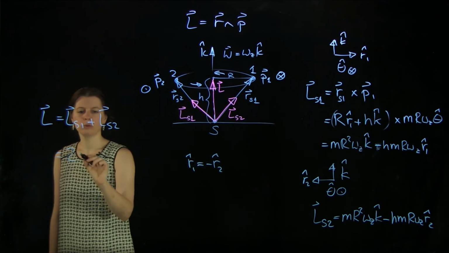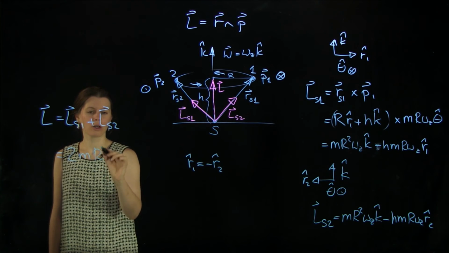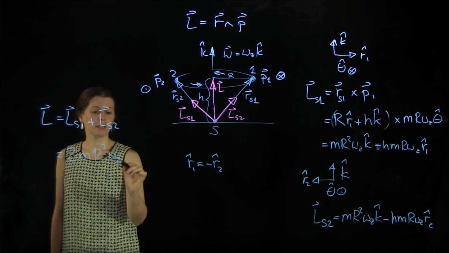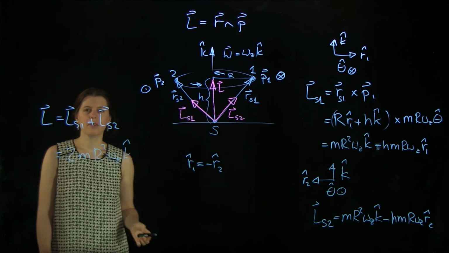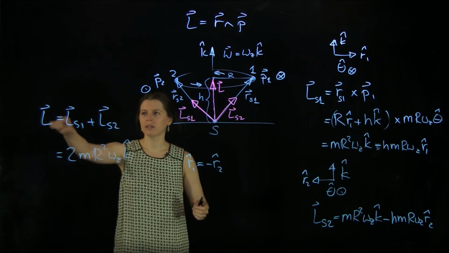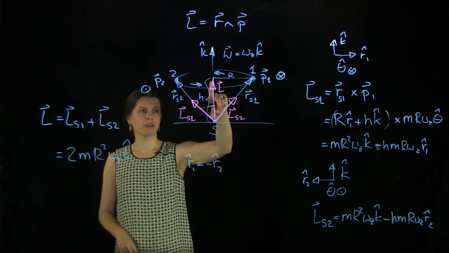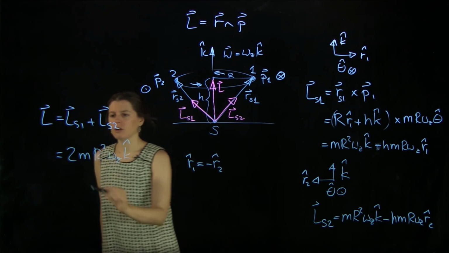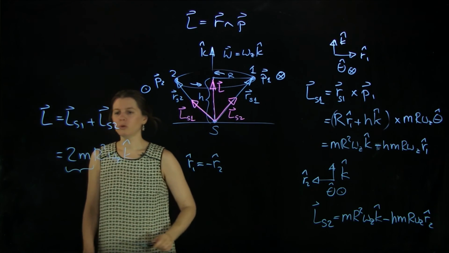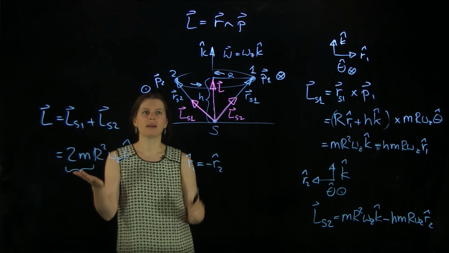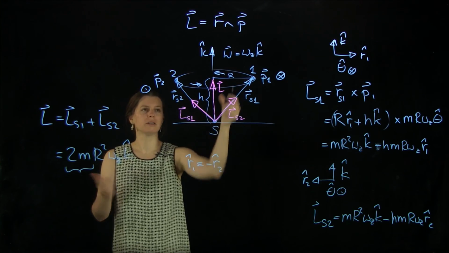So we have 2m r squared omega z k hat. And that's exactly what we wanted: an L pointing in the k-hat direction. And you can also see that the 2m here is the total mass of the system, namely 2 particles.